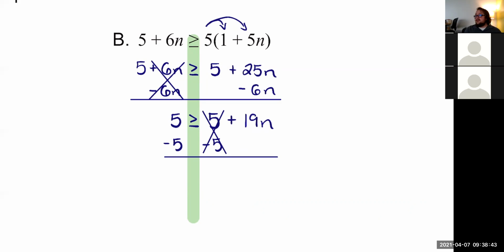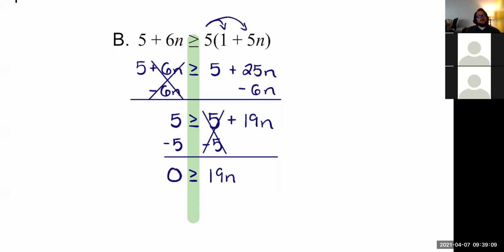But on the left, 5 minus 5 is still 0. But here's the thing, you can't just have an empty side. You have to have something there. So you really need to actually write in the 0 that's left. So I get 0 is greater than or equal to the 19n that's remaining on the right-hand side. 0 is a number too.